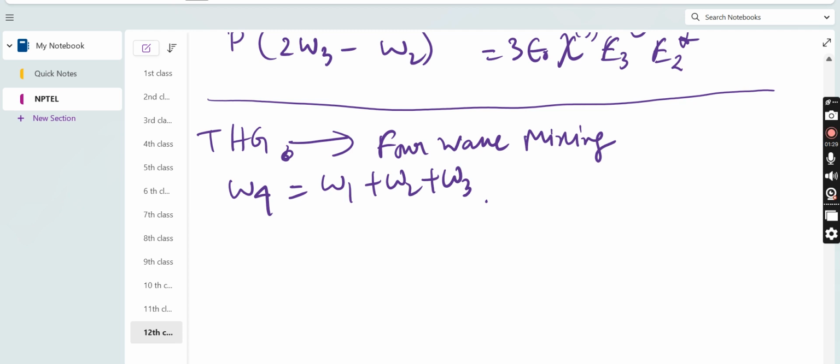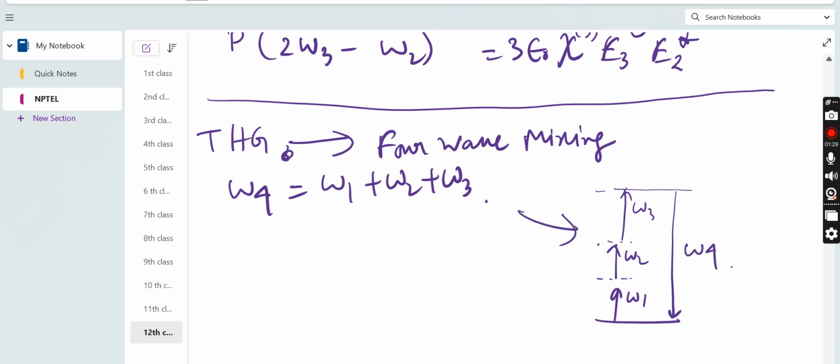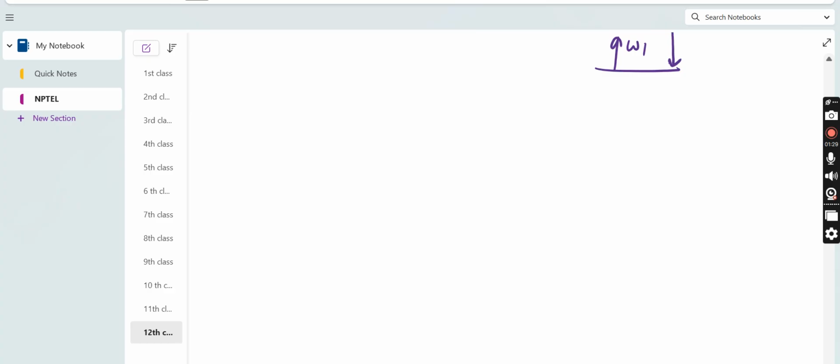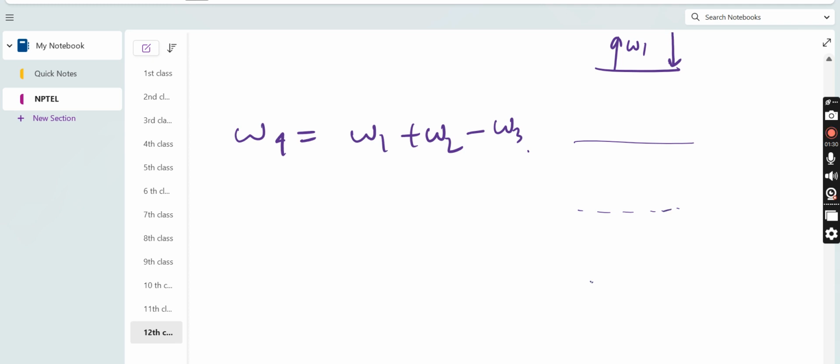So for this kind of thing, there will be an absorption of omega 1, another absorption of omega 2, then another absorption of omega 3, and we get omega 4. And we can get omega 4 as omega 1 plus omega 2 minus omega 3 also, and the energy level diagram will be like this.